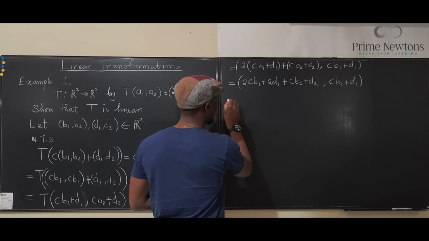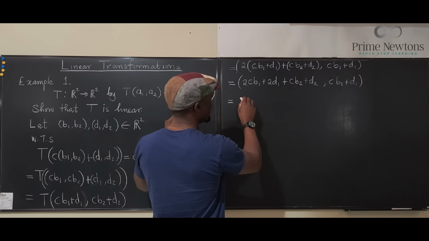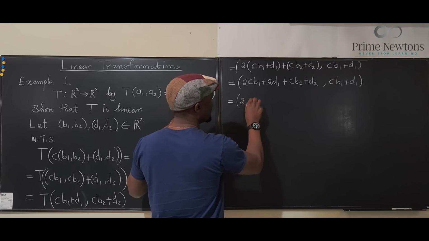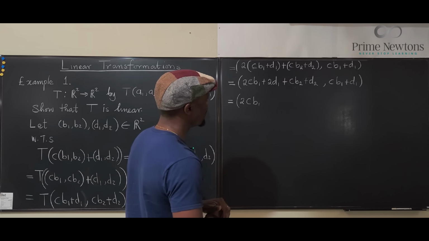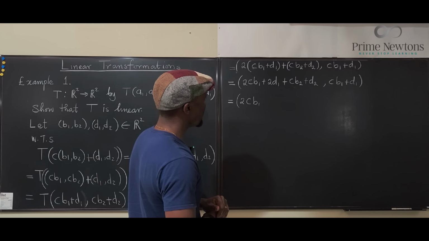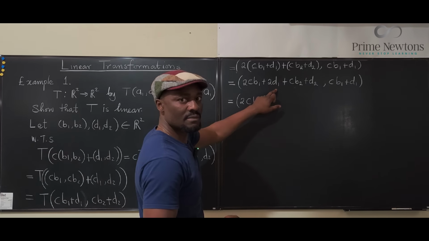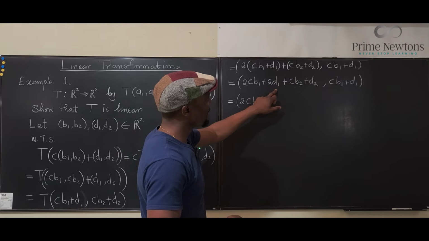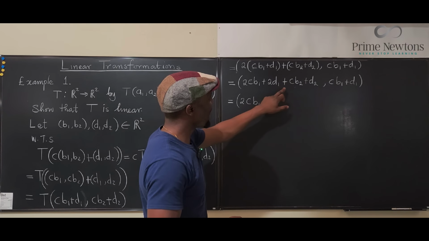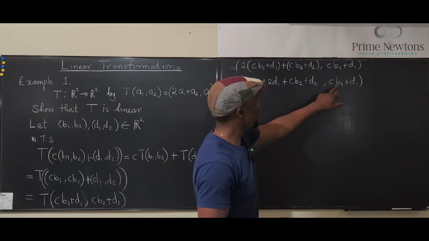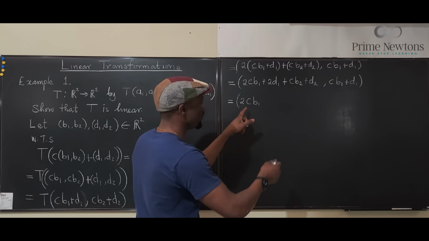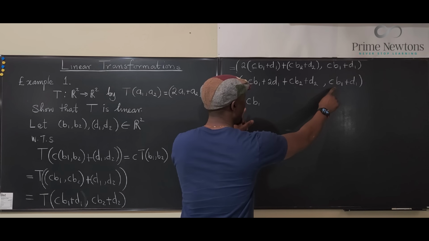So I might as well say, this is 2CB1. Do I see another 2C anywhere? Oh, I got 2D. But I got a CB2 here, and I got a CB1 here. Okay, I can't have the two CB1s here.